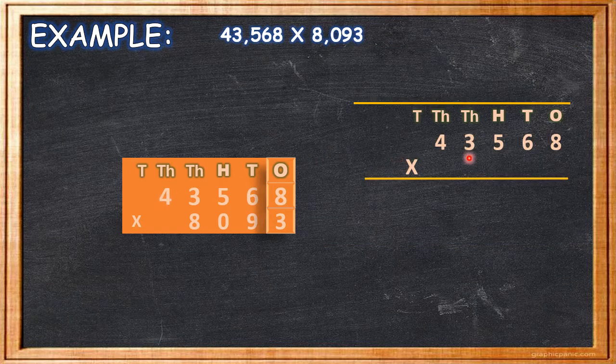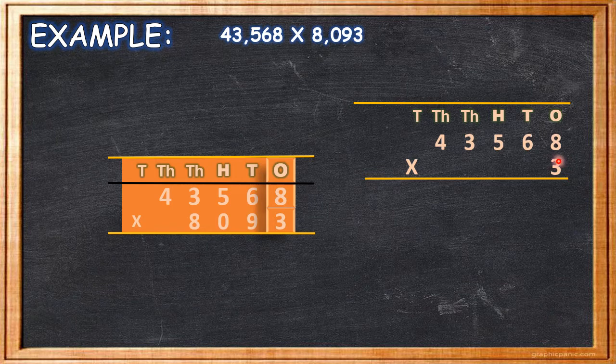Here, first I have copied the number which we are going to multiply. Yes, and then I have taken 3 which is here. Yes, children, first I have copied all the numbers of the multiplier, by which we are going to multiply. Okay, and then I have copied from the multiplicand the digit which is coming at the ones column, that is 3.